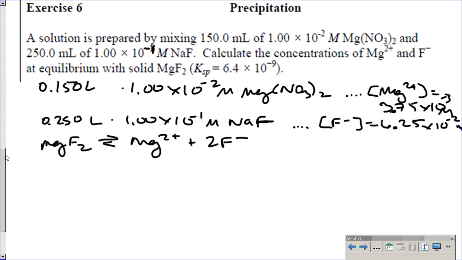However, you know you're still doing molarity times volume divided by new volume total to get your new molarity. Magnesium is 3.75 times 10 to the negative 3, and fluoride is 6.25 times 10 to the negative 2.